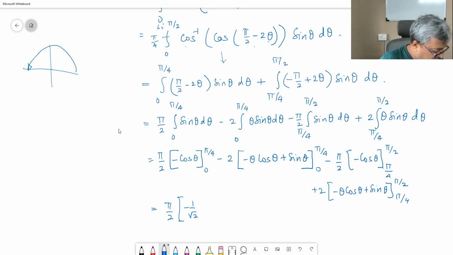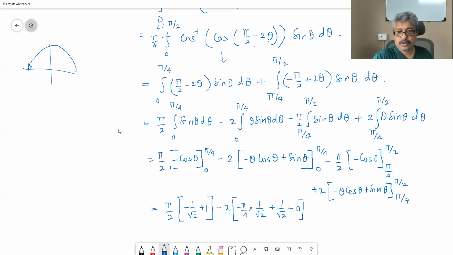Oh, I made a mistake in what I wrote. Cos 0 is 1, therefore it will not be minus 1, it is plus 1, because minus, let us substitute the other limit. Okay, minus 2 inside bracket, check whether this is correct, minus pi by 4 into 1 upon root 2 plus 1 upon root 2 minus 0.